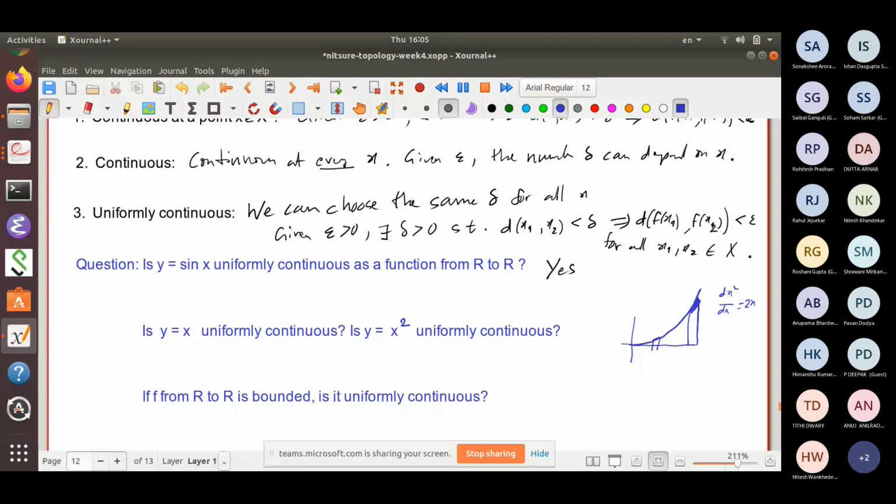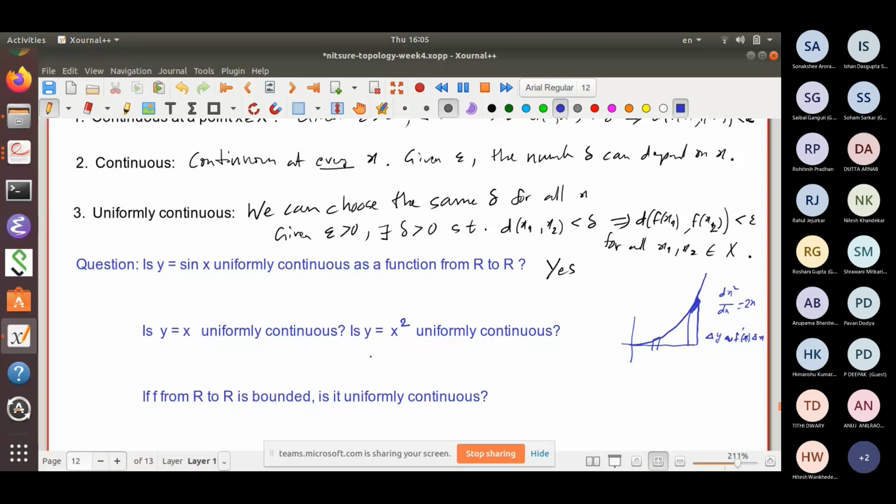As x increases, it rises faster and faster. Delta y is approximately f prime x times delta x. So if f prime at x becomes larger and larger, for the same change in x, there's a huge change in y. So you cannot have a uniform delta working for everything.